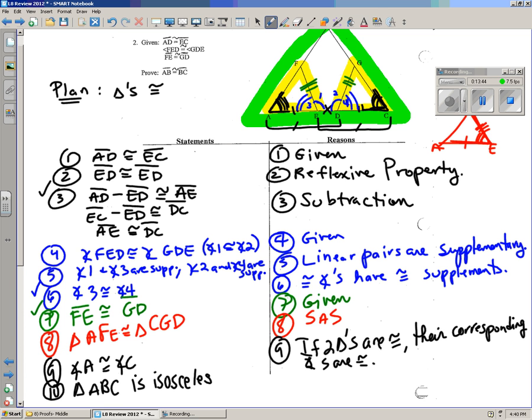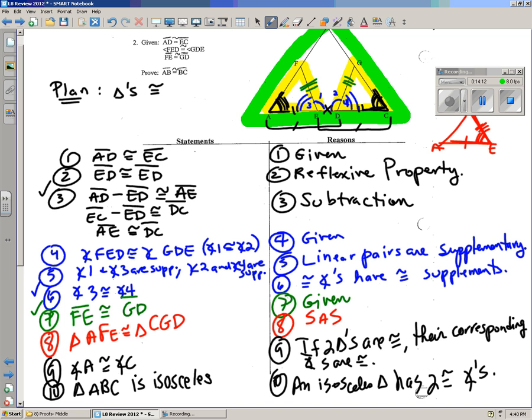And it's because an isosceles triangle has two congruent sides, not two congruent sides. That's true about an isosceles triangle, but we're trying to explain why this triangle is isosceles. And in the step previous, we were referring to the angles, so we want to refer to the angles here.